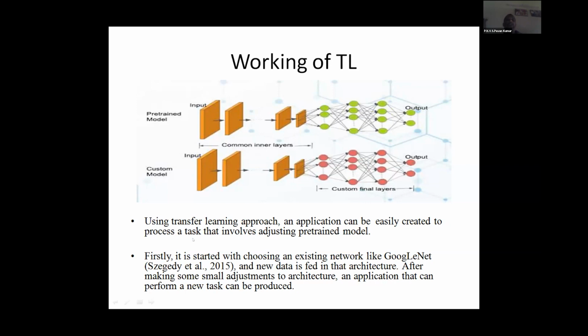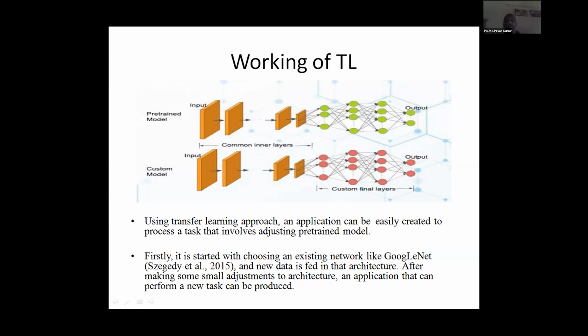That is how transfer learning works. Using the transfer learning approach, an application can be easily created for a task that involves adjusting a pre-trained model. First, we start by choosing an existing network like GoogLeNet, and new data is fed into that architecture.